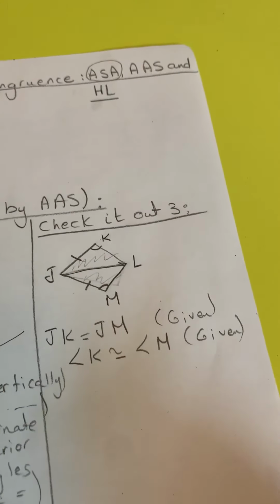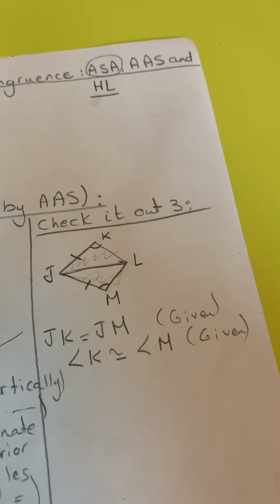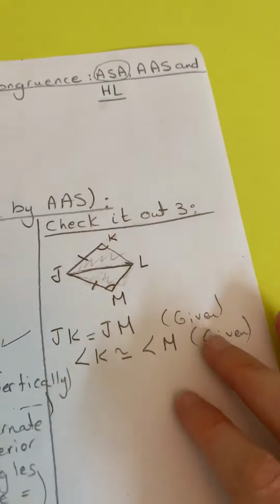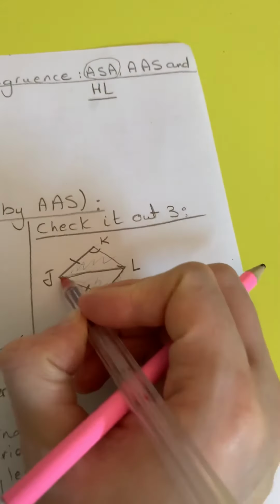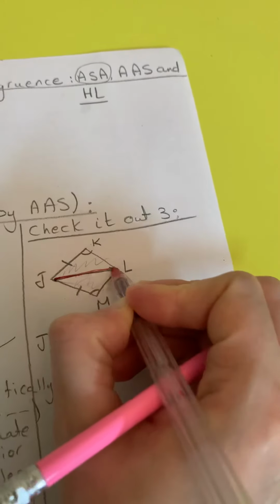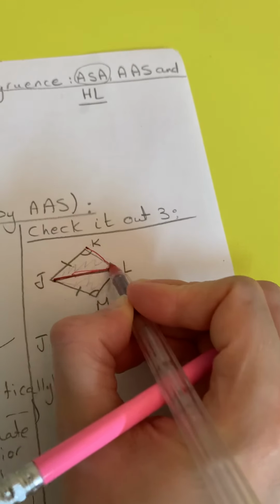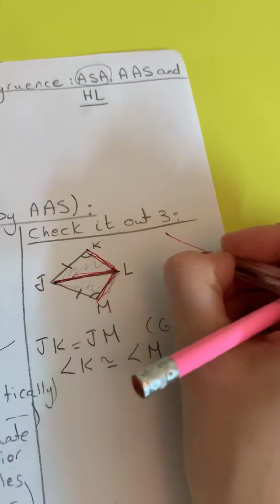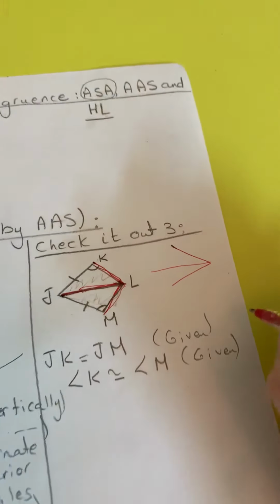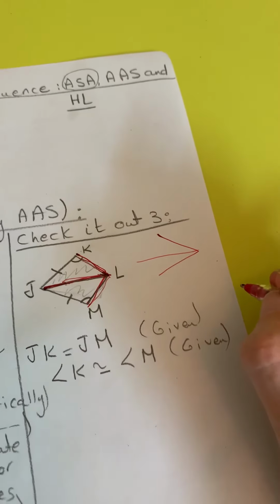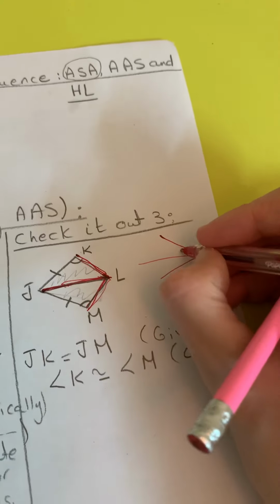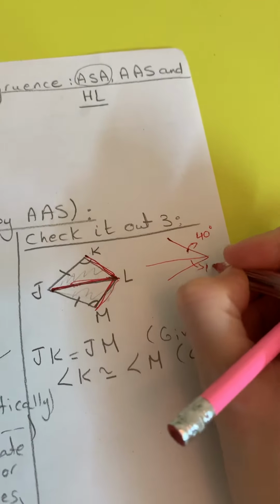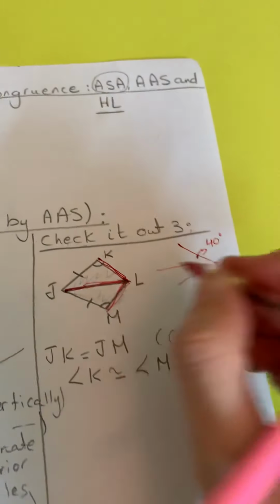Now, I have an angle on this side, so I still need another angle. They mentioned in the given that JL is a bisector of this angle. If you remember, a bisector cuts an angle into two equal halves. So if this is 40 degrees, this is 40 degrees. They will be equal.